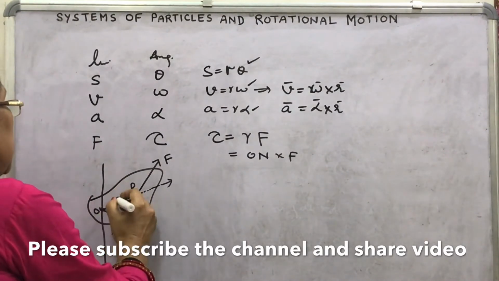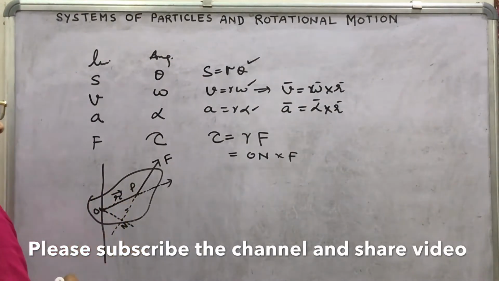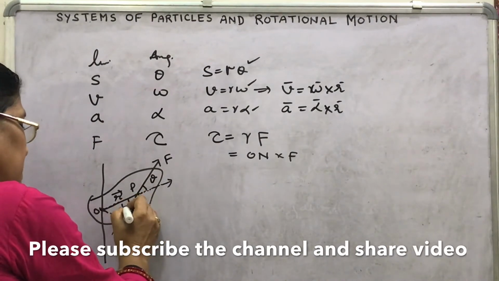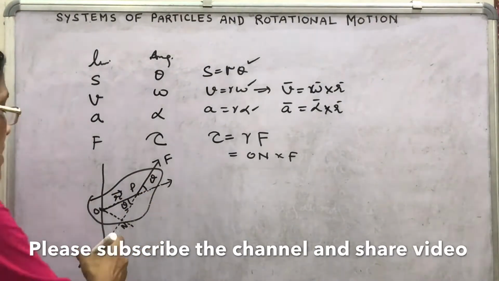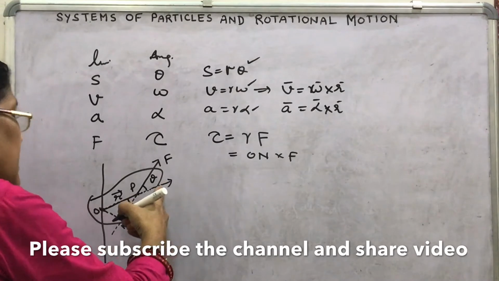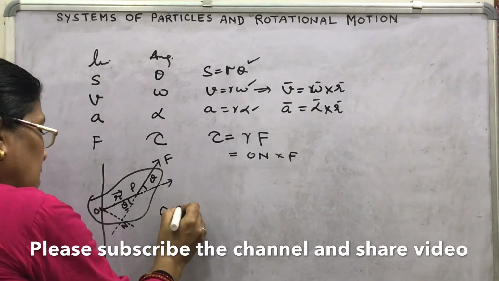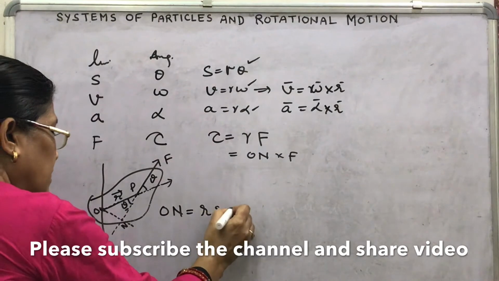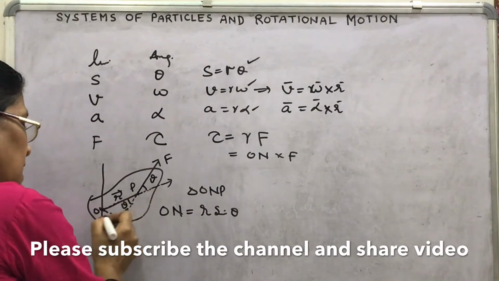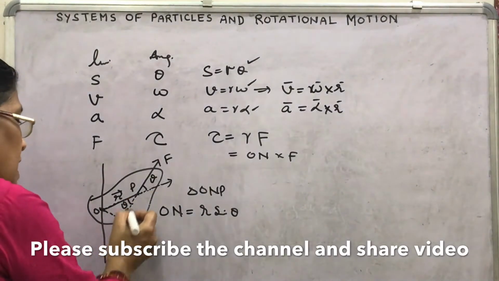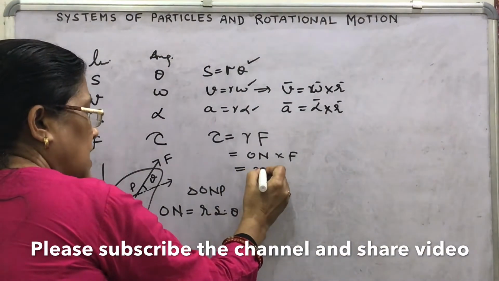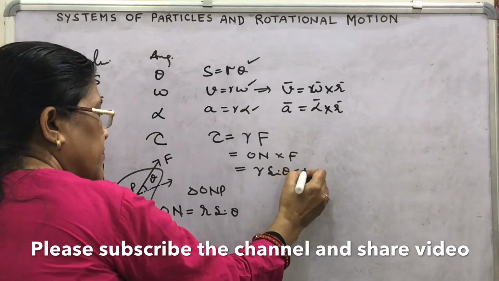This r is the position vector, shown by a vector. If this is the angle theta, then ON can be written as r sin theta, from triangle ONP. If OP is r, then ON will be r sin theta and NP will be r cos theta. So you can write torque as r sin theta into F.